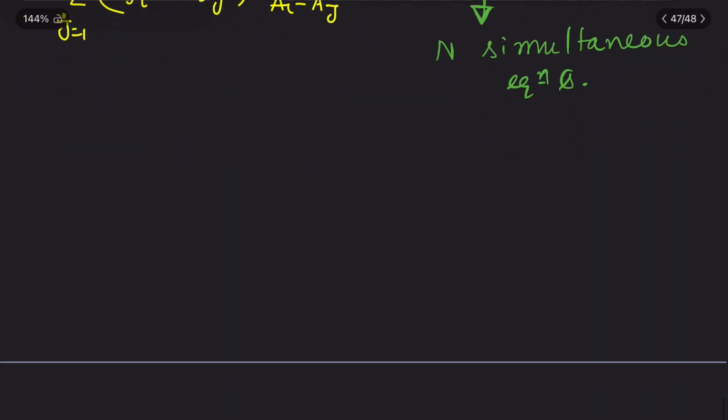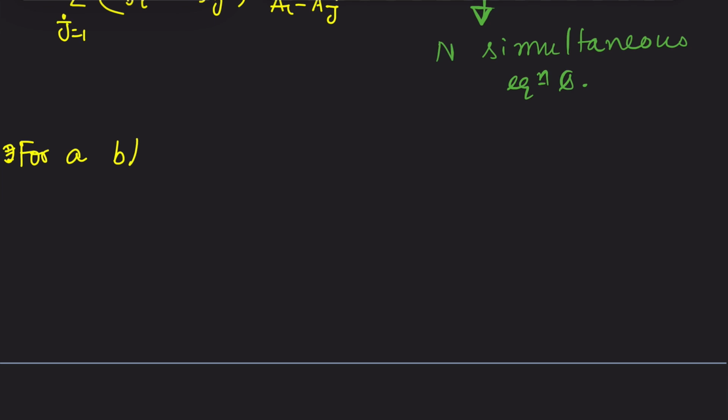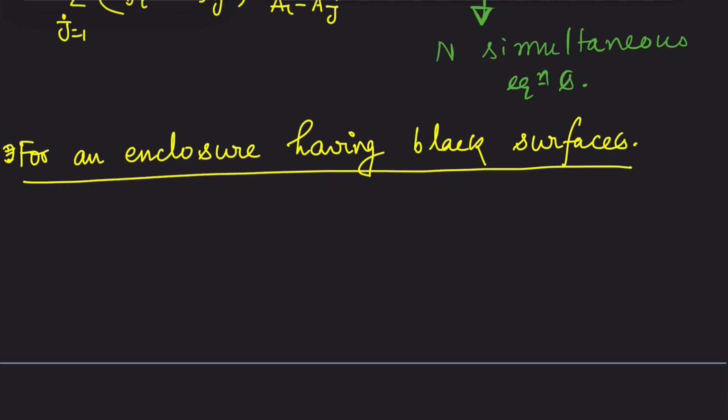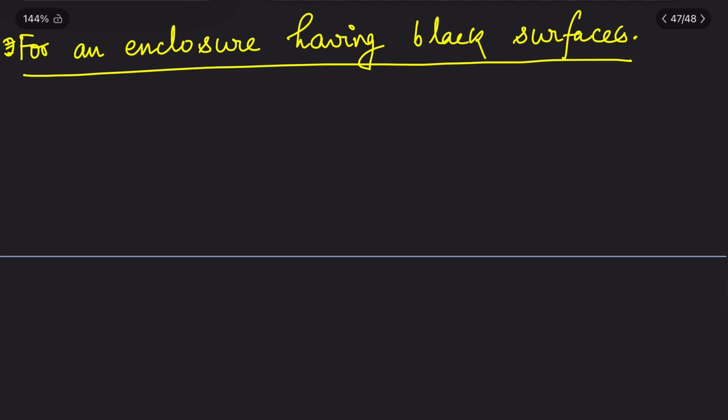Now a simplification. So for a black enclosure, or maybe I should write, for an enclosure having black surfaces. So black surface means what?